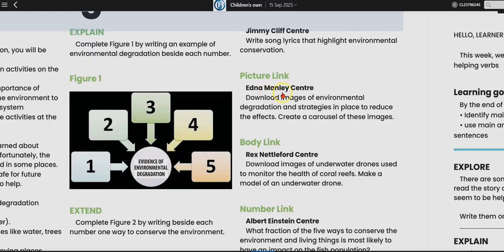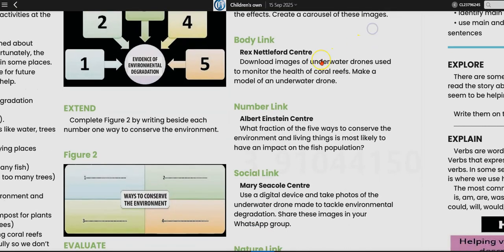Picture link from the Edna Manley Center: download images of environmental degradation and the strategies we could put in place to reduce the effects, and create a carousel of these images. Body link from the Rex Nettleford Center: download images of underwater drones used to monitor the health of coral reefs. Make a model of an underwater drone.